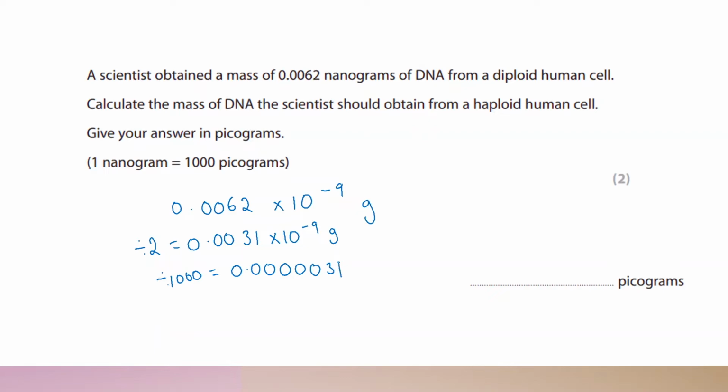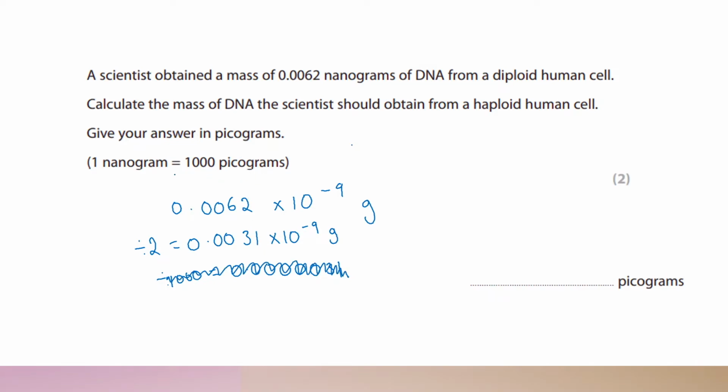Okay, so 1 nanogram is 1,000 picograms. Let's make sure I got that right. Ah, no, wrong. Okay, so if you exchange rate, I put into grams there, didn't I? It's easy to make mistakes.